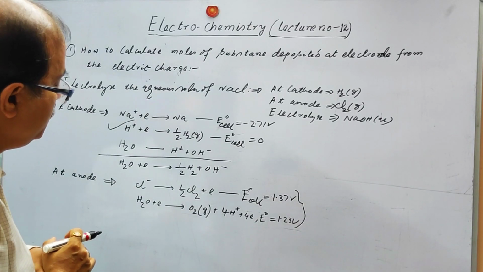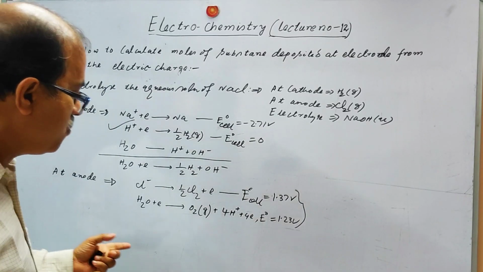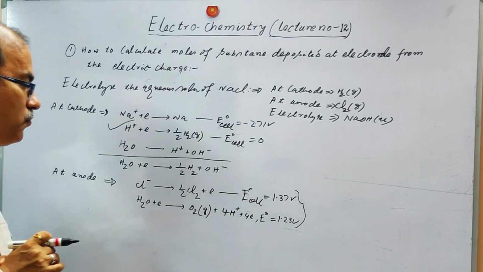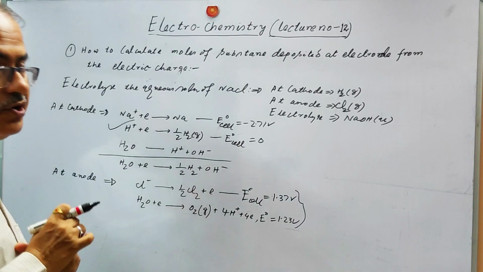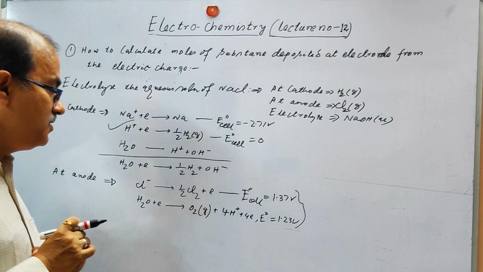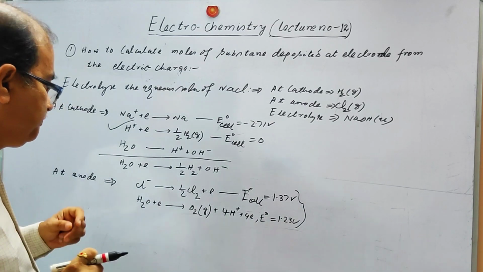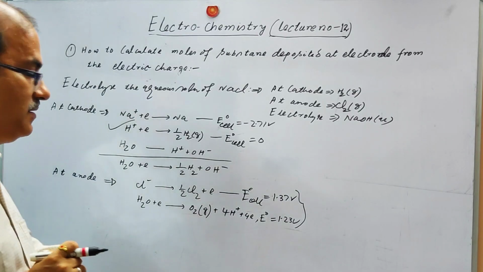But due to the overpotential factor, although the electrode potential is 1.23, when we liberate the oxygen it requires a higher potential, and this high potential will not allow this reaction to be the preferred reaction.